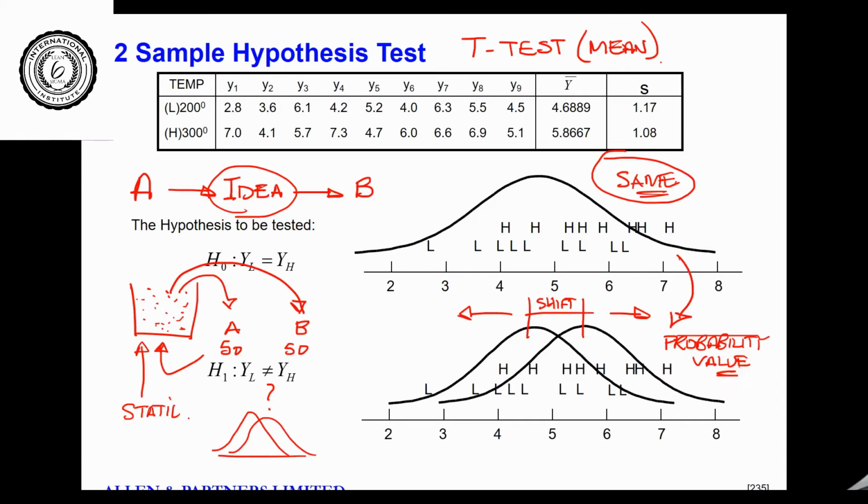And if this probability value is really small, so the probability of two samples from the same distribution being this different from one another is a really unlikely possibility, then we are going to assume not that they are samples from the same distribution, but actually that they are two separate distributions.